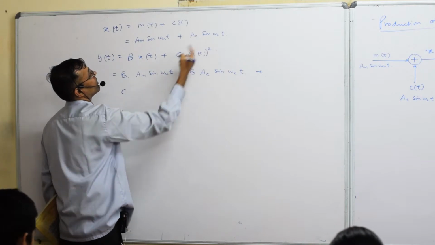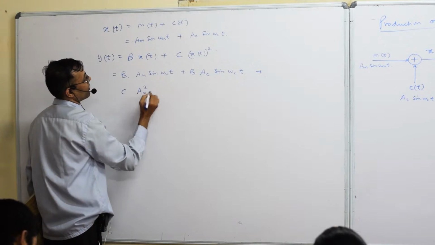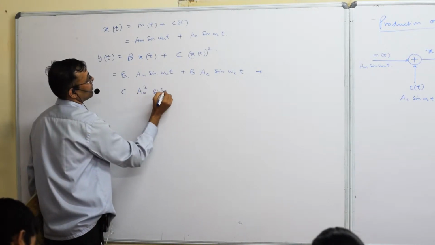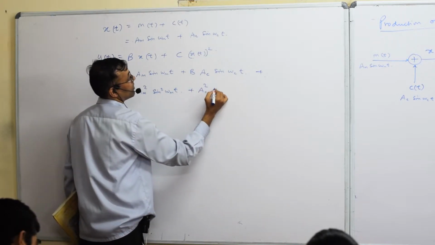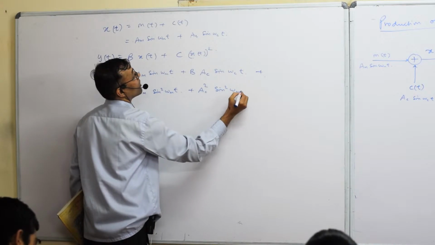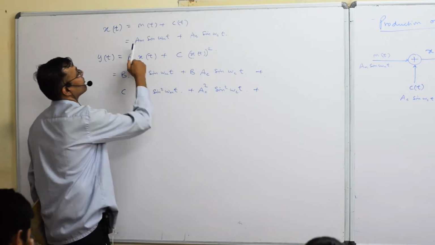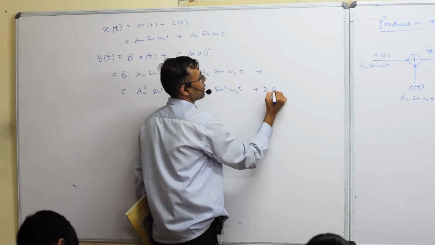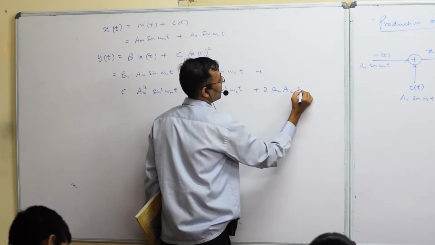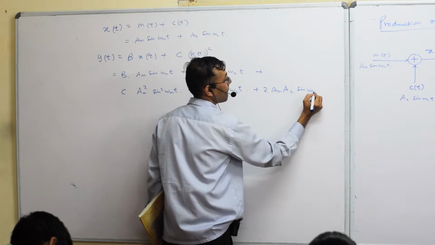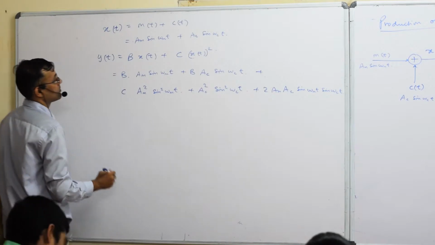If I do the whole square, what will happen? Am square sin square omega m t plus Ac square sin square omega c t plus 2 times Am Ac sin omega m t sin omega c t.